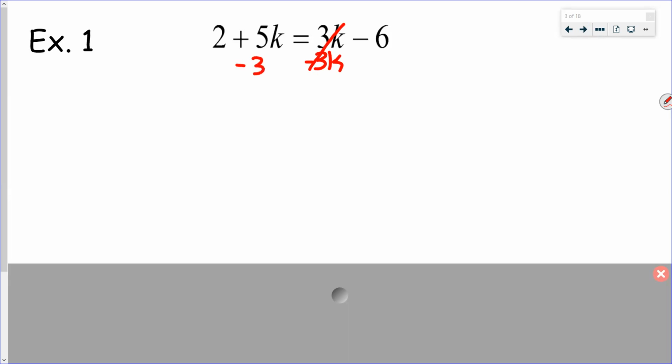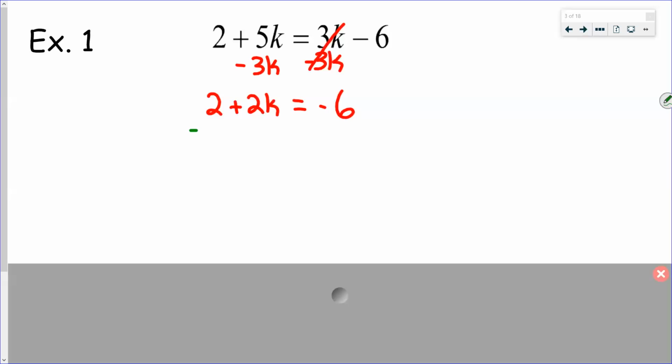And then we're going to subtract 3k from the left, because the k's are matching, we take 3k from 5k, not from 2. That leaves us with 2 plus 2k, because 5k minus 3k is 2k, equals negative 6.